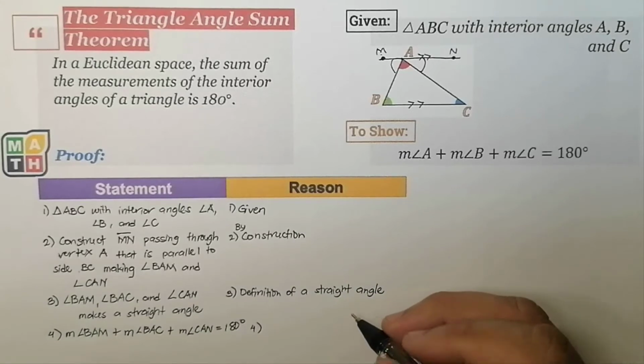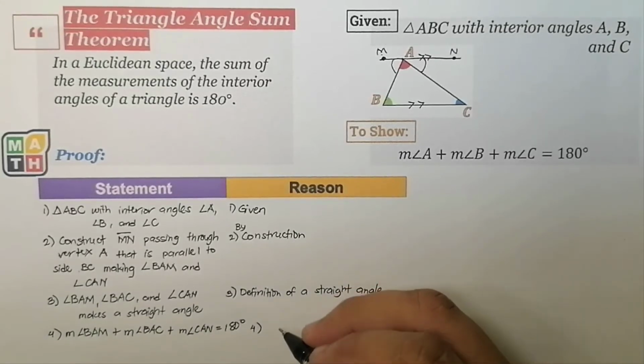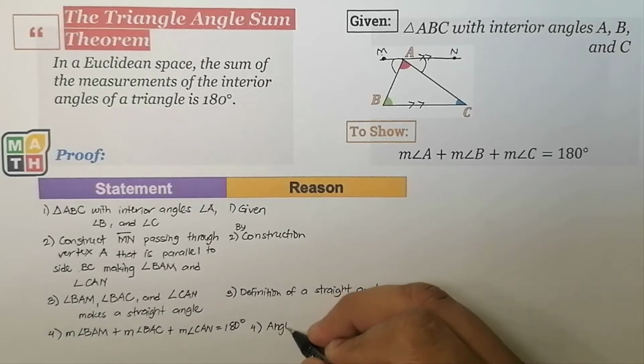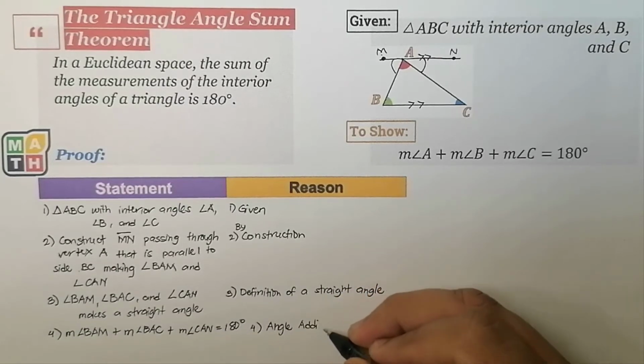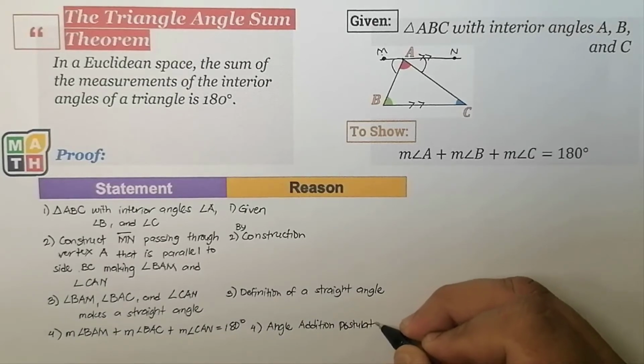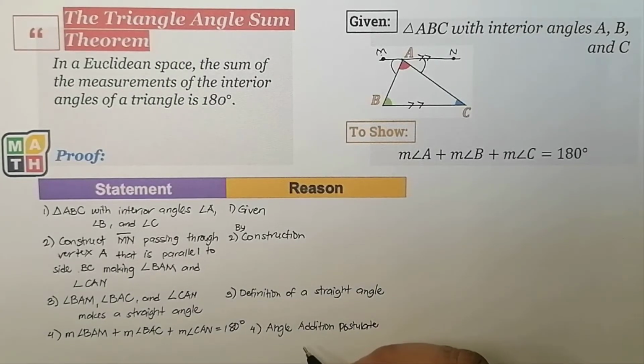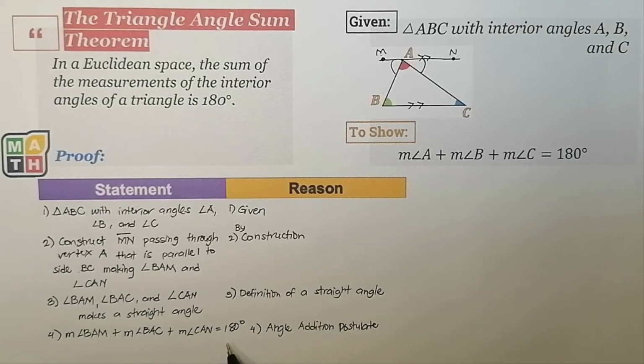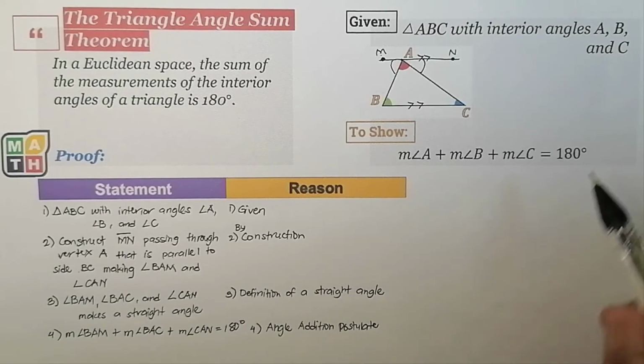Here, still straight angle, or you could also use the angle addition postulate. From here, notice that we have already established a relationship that will yield to 180 degrees, almost similar to our goal here. But this is not yet what our goal is.